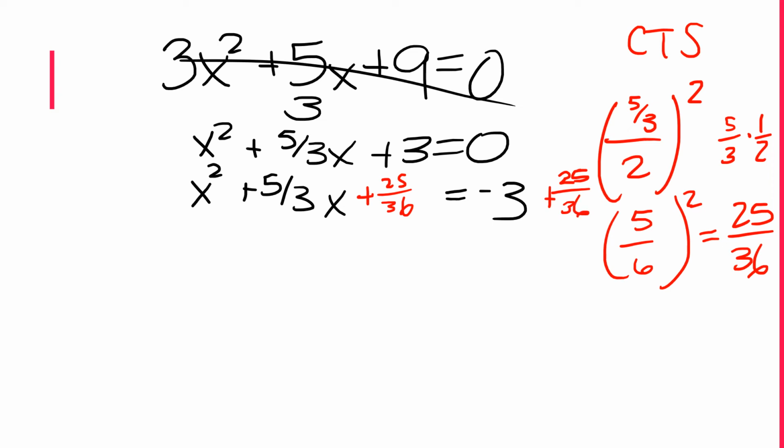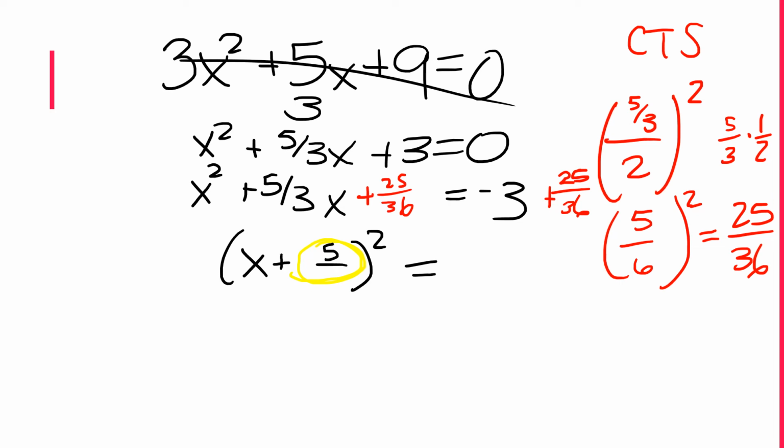All right. So now here comes the part we have to think about. I want to factor that. And you might be thinking, how do I factor that? Meaning, what times itself gets me to 25/36?